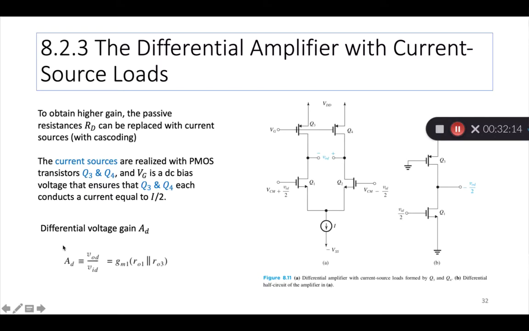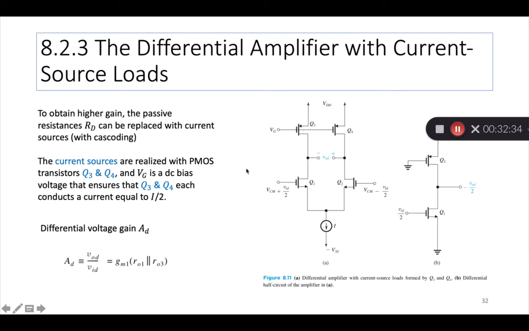What happens to the formulas? So let me quickly read this. To obtain higher gain, the passive resistances RD can be replaced with current sources, with cascoding, of course. The current sources are realized with PMOS transistors Q3 and Q4.